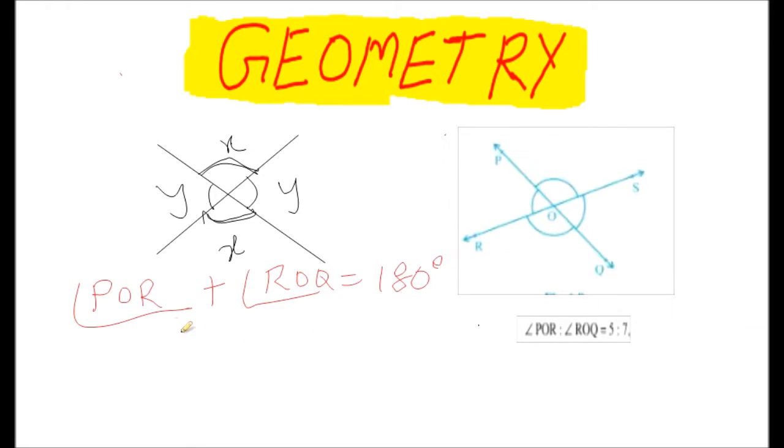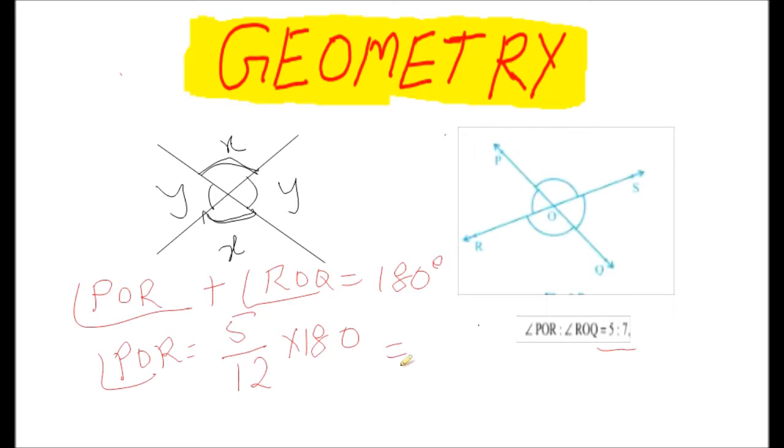But we know these two angles are in the ratio 5:7, it is given in the question. So we need to find angle POR. Angle POR is equal to 5 by total number of parts, 12, into 180.